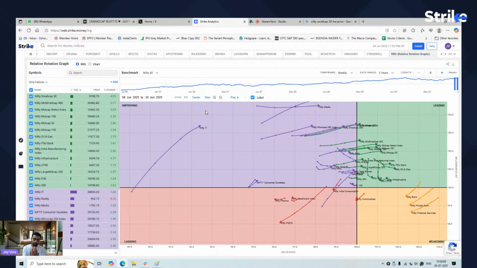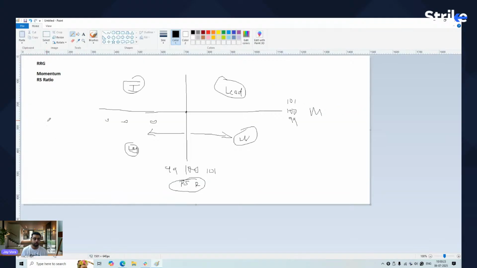Now, you understood one thing, right? The ones which are going down, that means they are laggards. That means over there, their RS ratio is also going down and the momentum is also going down. Okay, so there are basically four types. Okay, wait, let me remove this.